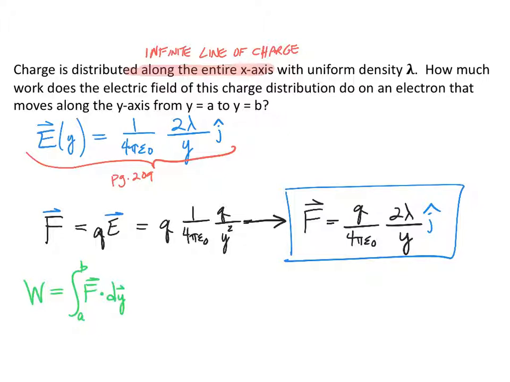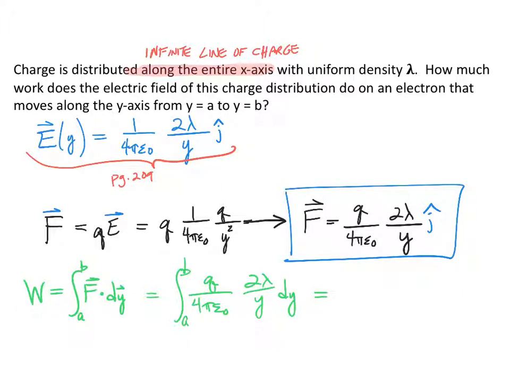And so now I just write that out. I'll have some integral from a to b of q over the 4 pi epsilon naught times 2 lambda per y dy. And of course, everything but the y comes out in front. Everything's a constant except y.